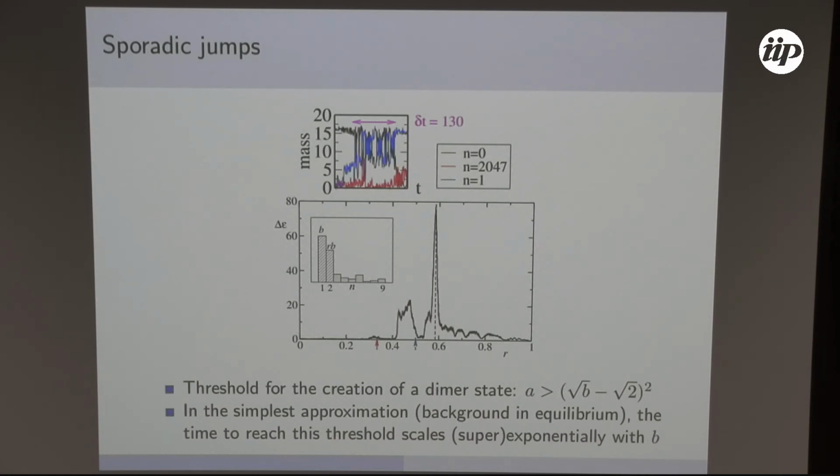And in the simplest approximation, where you consider the background in equilibrium at the temperature of the heat bath, you get that the typical time to reach this threshold scales exponentially with the breather height. So again, a rare event.